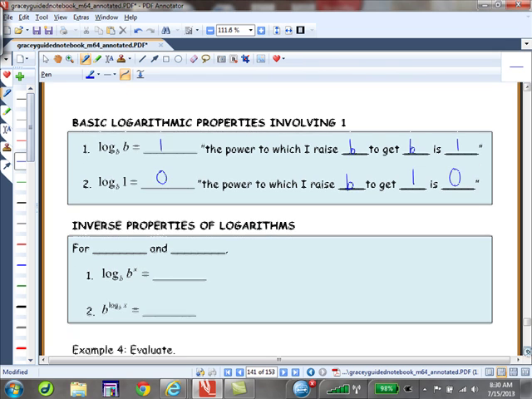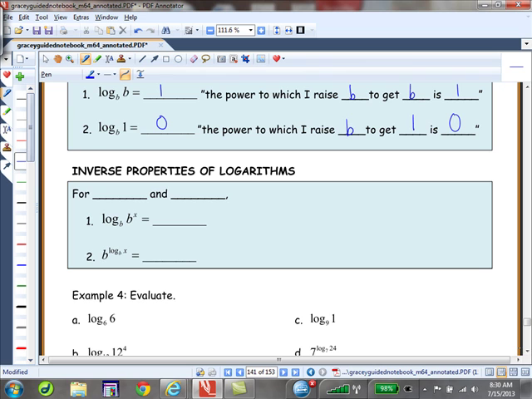Now, inverse properties of logarithms. For b greater than 0 and b not equal to 1, log base b evaluated at b to the x: when you're evaluating a logarithmic expression at an exponential expression with the same base, you just get whatever was in the power of that exponent.